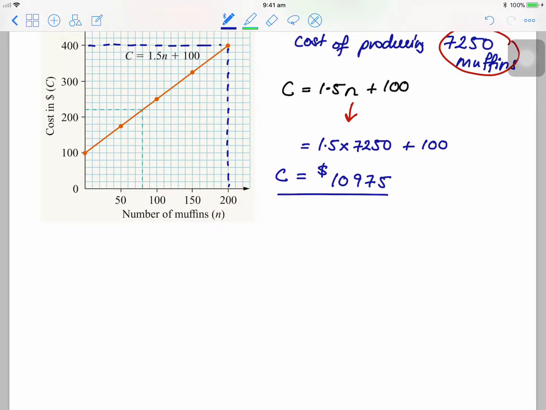So I'm going to keep the graph here, not like we need it, but I'm going to say, if we have a budget, let's say $1,370, how many muffins can we produce?